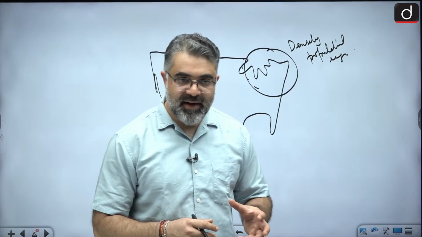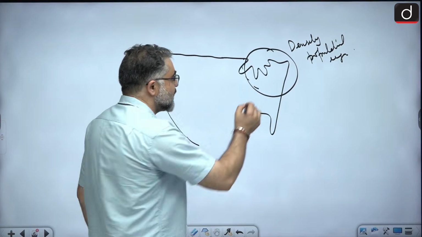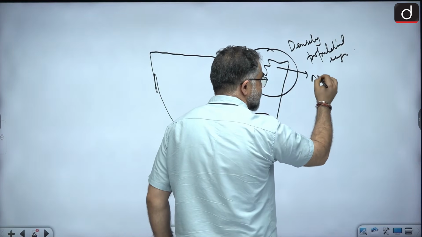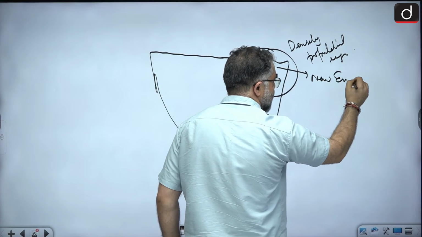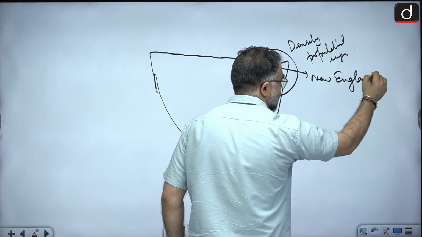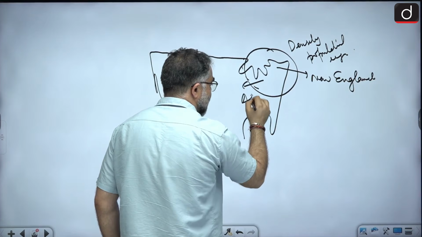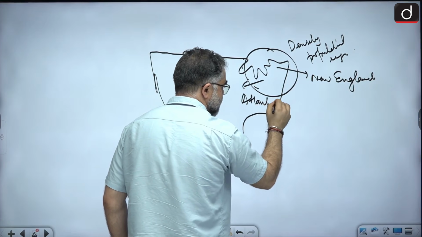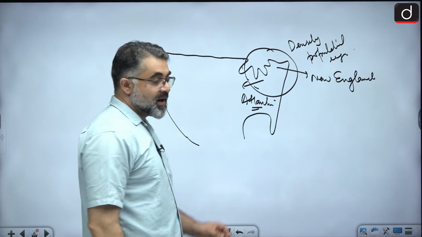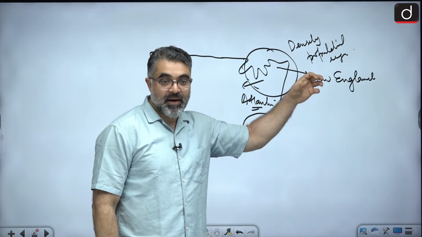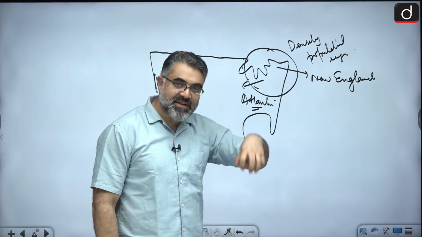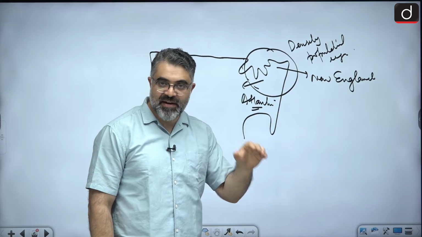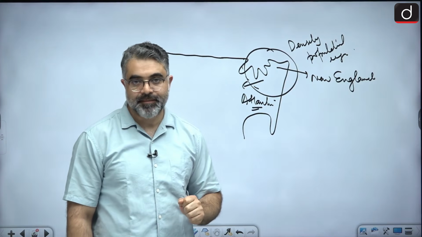We will further divide this region into the New England region and the Atlantic region. Now, this New England region has an industrial density in it. There are a lot of industries that we see in this part.